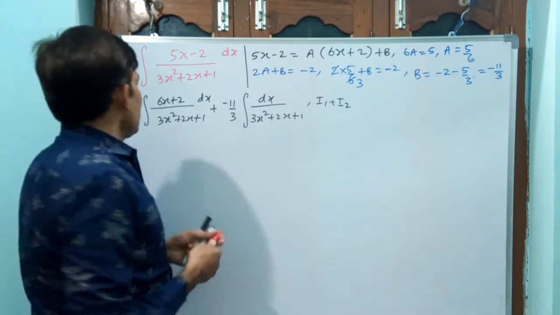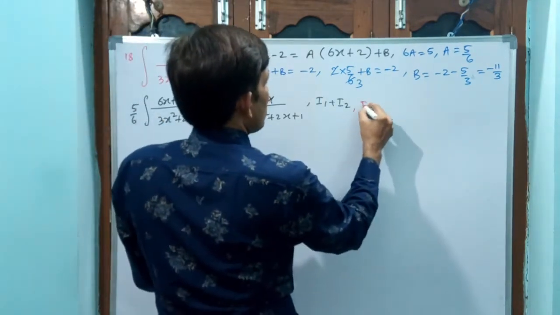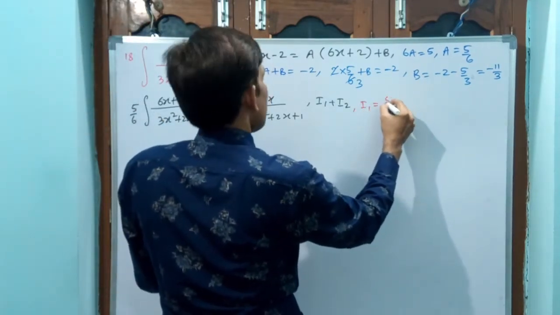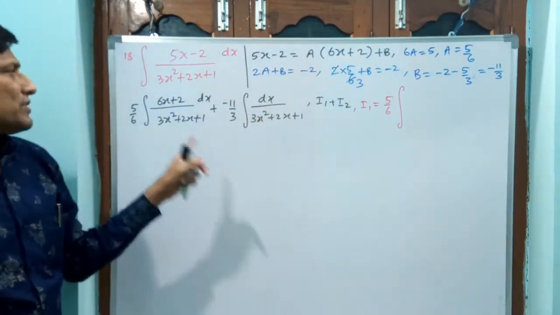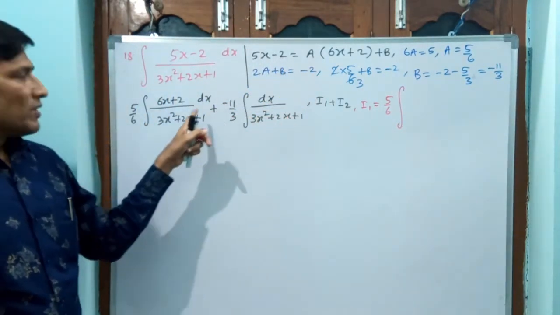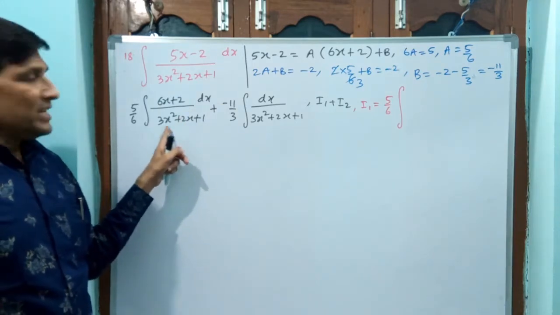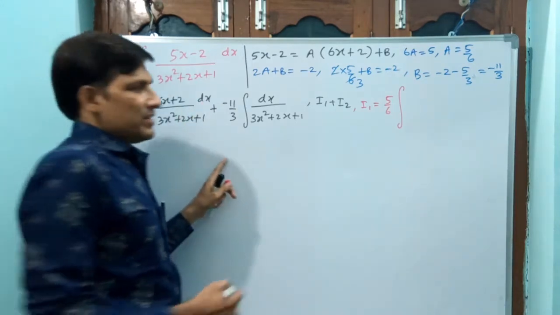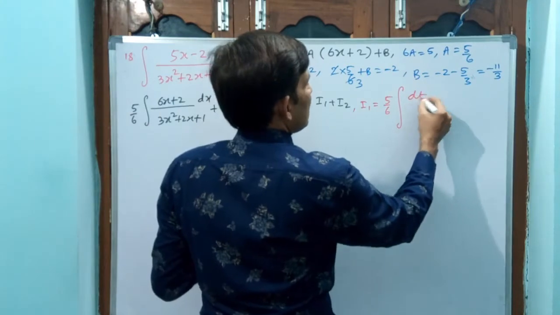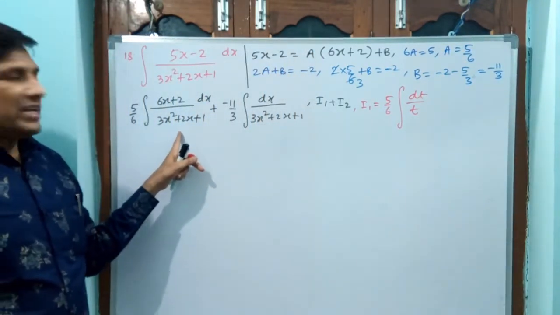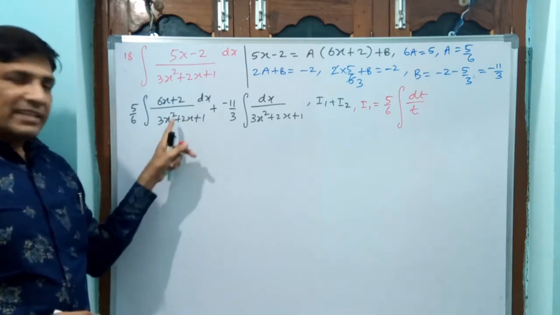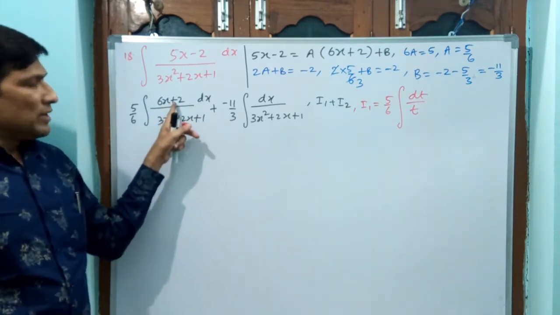Okay, let us proceed. First one is easily going to result. Integral 5 by 6 integral. See, already we have done the differentiation there. Directly I am writing this is dt, because you take this as t, this will be dt by t. If you take this entire thing as t, then 6x plus 2 dx will be dt.